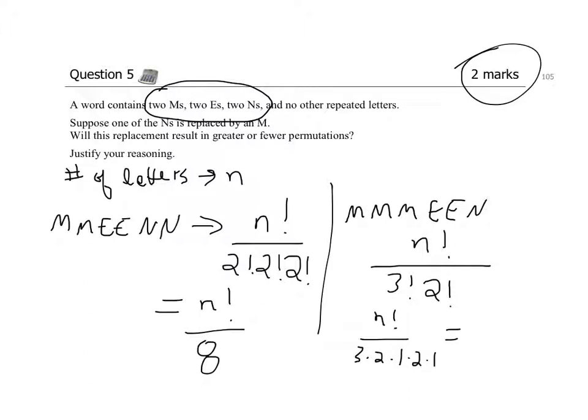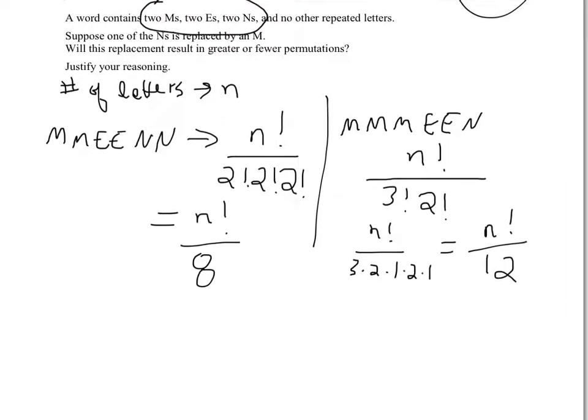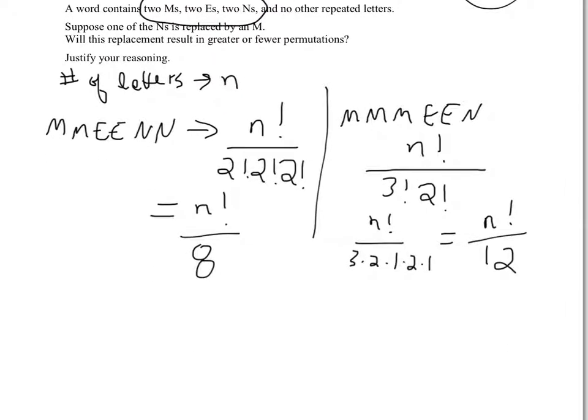So this is N factorial divided by 3 times 2 is 6, 6 times 2 is 12. We're asking ourselves, will the replacement result in greater or fewer permutations? Well, which of these expressions is bigger? This second expression is smaller, right? When we divide by 12, it's smaller than dividing by 8.